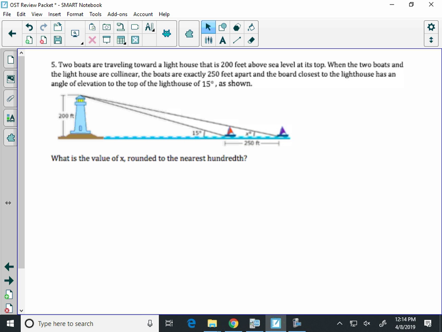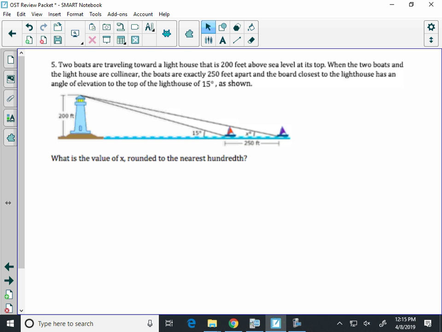Collinear means... what does linear mean? What does it sound like? Line, right? Co means same. Same line. Collinear. Same line.